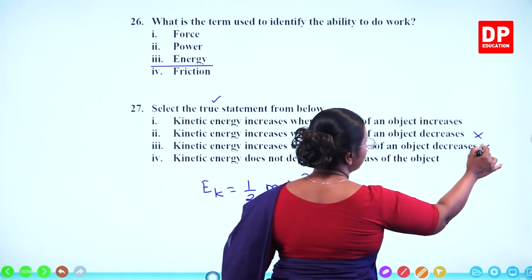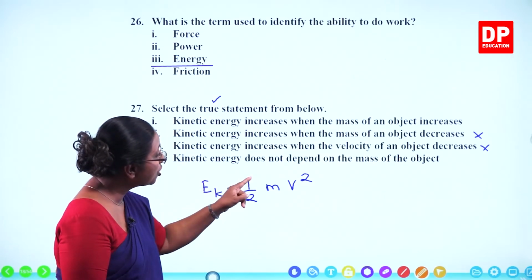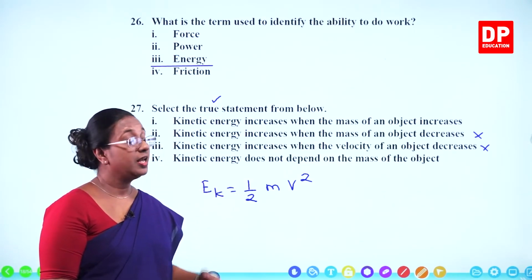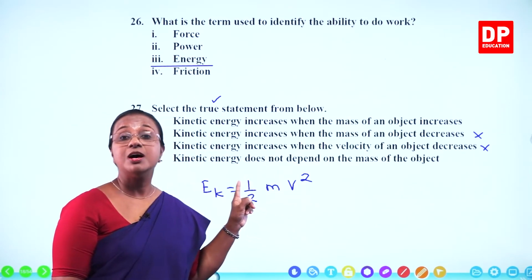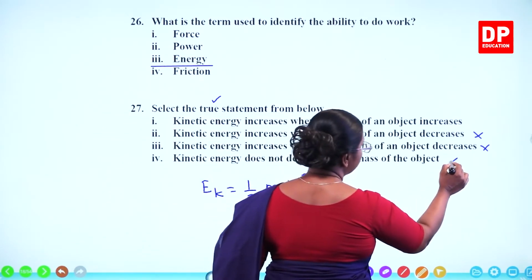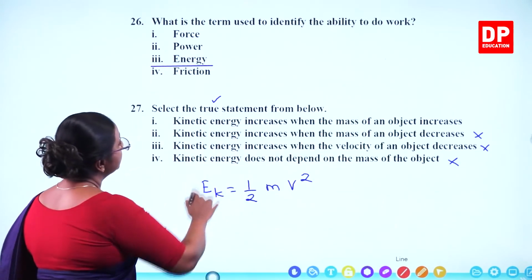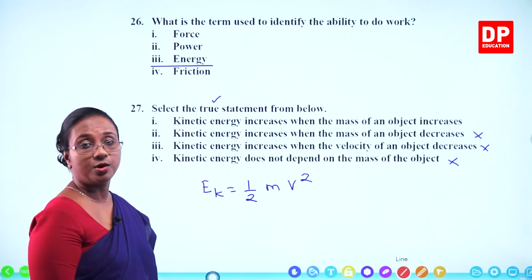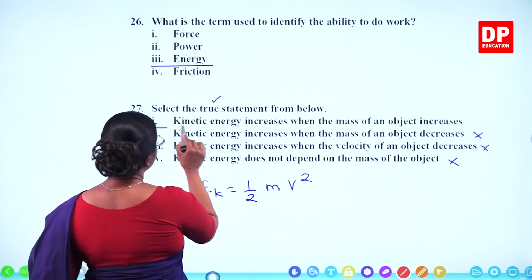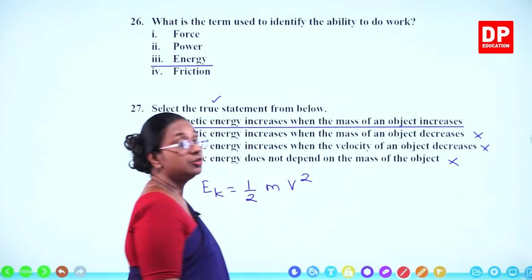So this is also incorrect. Kinetic energy does not depend on the mass of the object. That is also incorrect. Why? Here in the equation we have mass. So the correct answer or the true statement is: kinetic energy increases when the mass of an object increases.